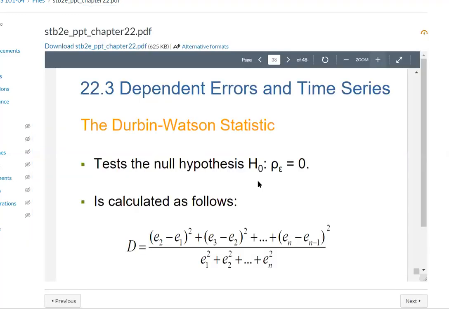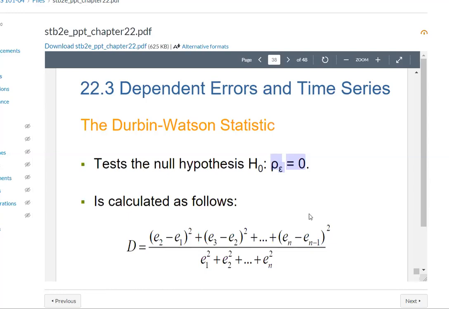So how is it said in the book? First, the hypothesis for Durbin-Watson is written this way. The H null, the null hypothesis, in fact, is that rho or correlation is 0. Correlation is 0.